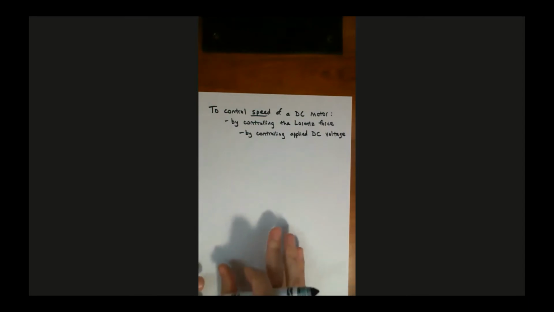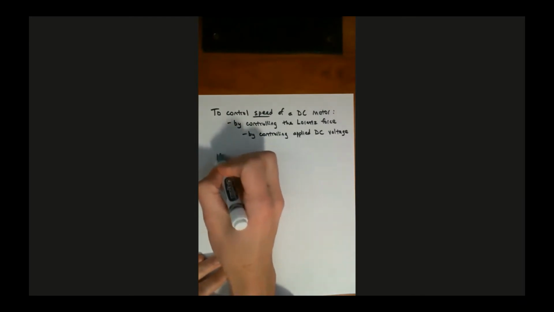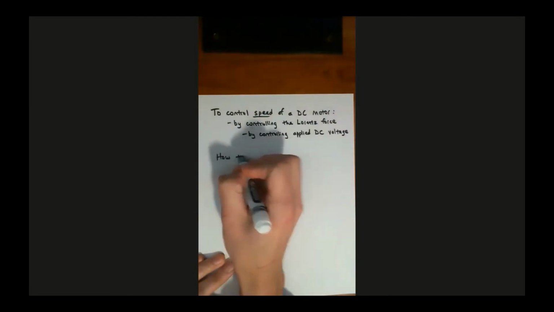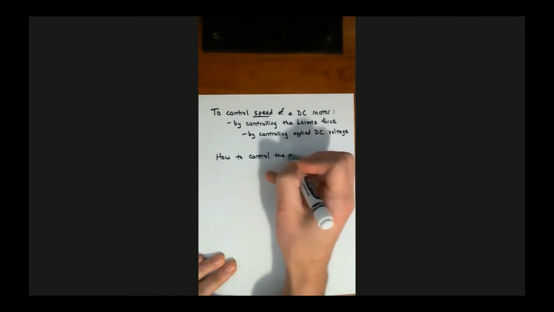All right, the next thing is how to control the rotation direction. In other words, is it going to rotate clockwise or counterclockwise for a DC motor? How do you control the rotation direction?